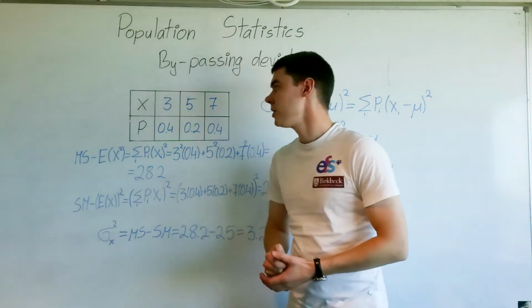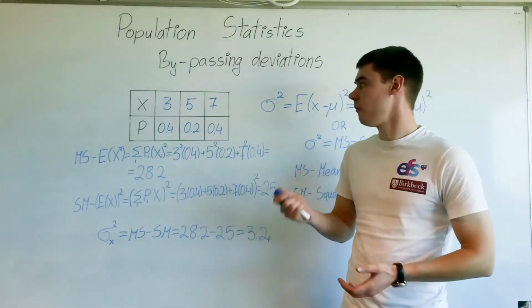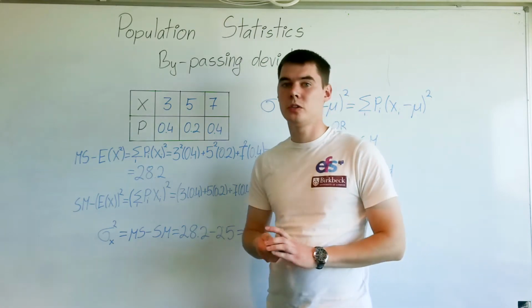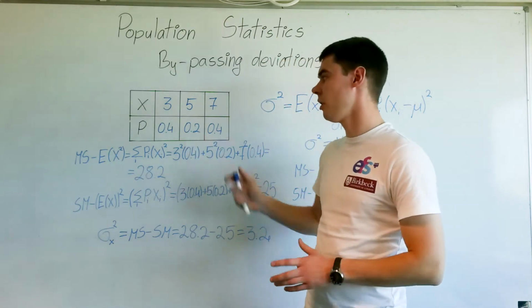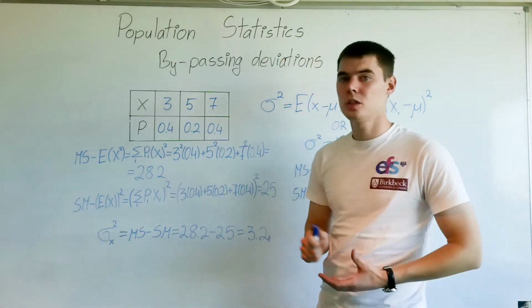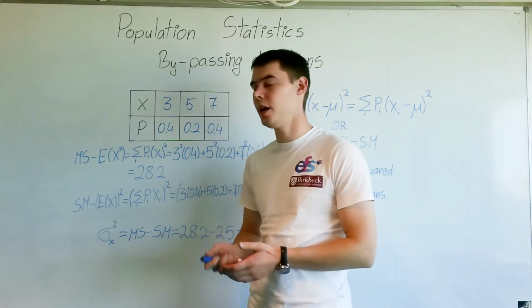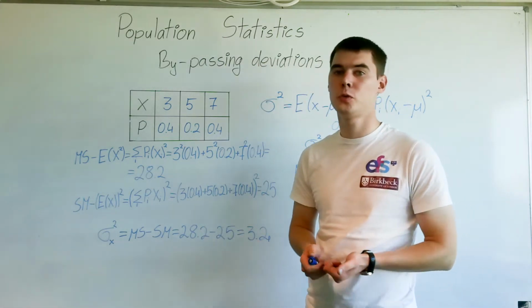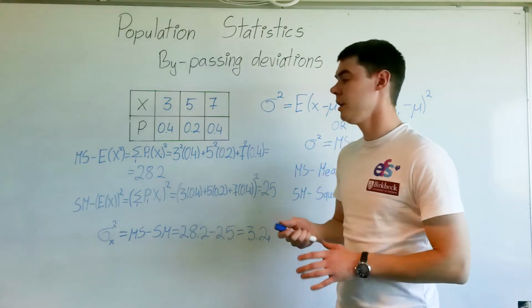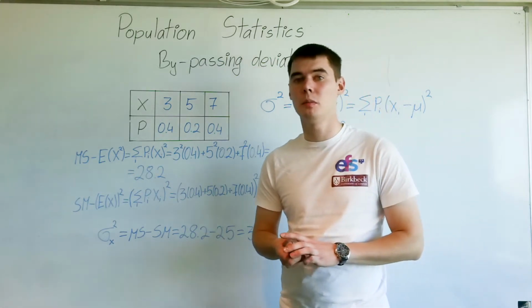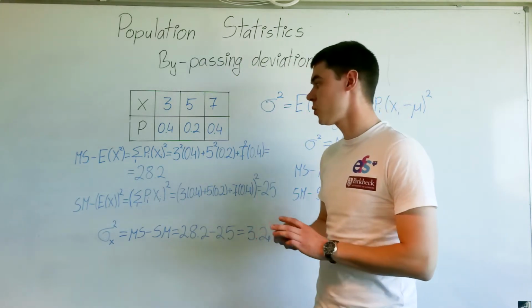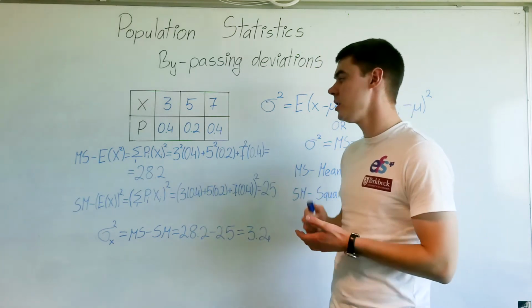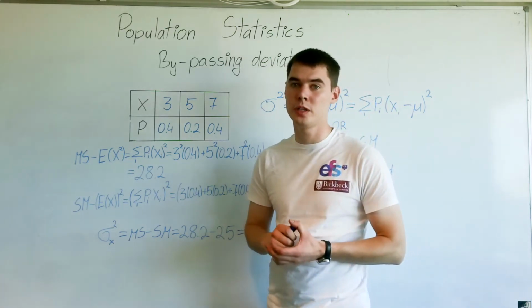So let's say we have a simple example of x that can only take values of 3, 5, and 7, and here are respective probabilities. So to calculate the mean squared, that is expected value of squared x values, and it is equal to total sum of probabilities times squared x values, it is equal to 28.2 in our example.